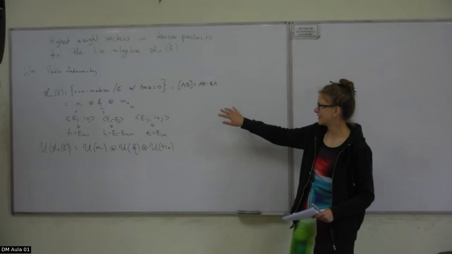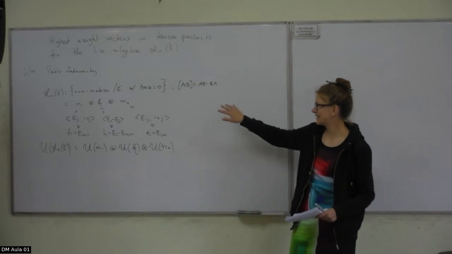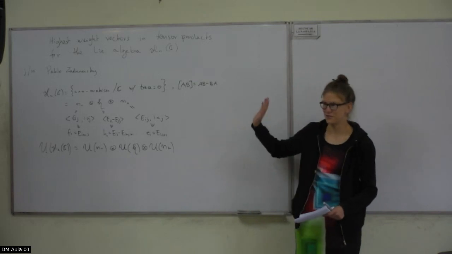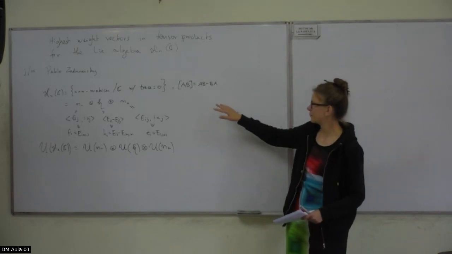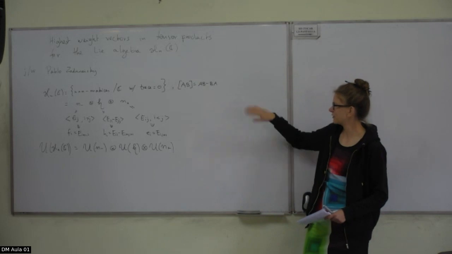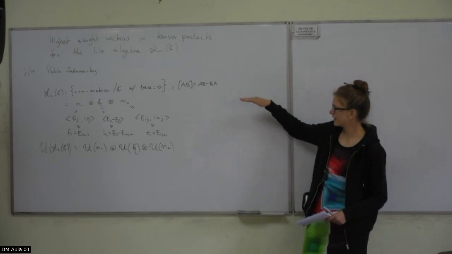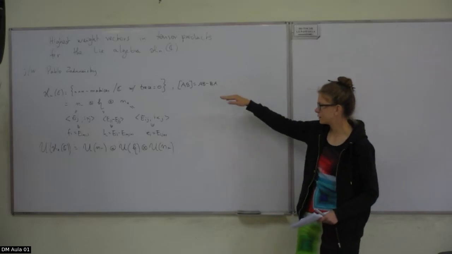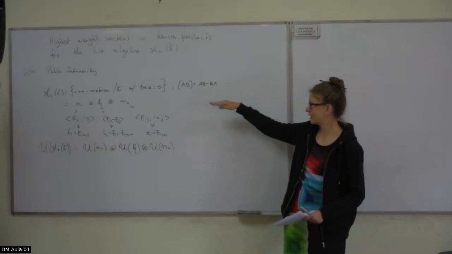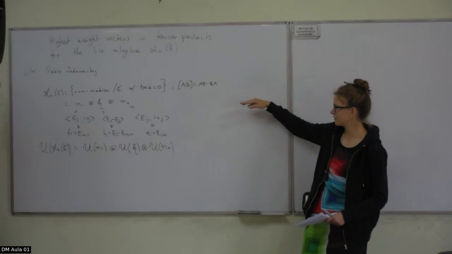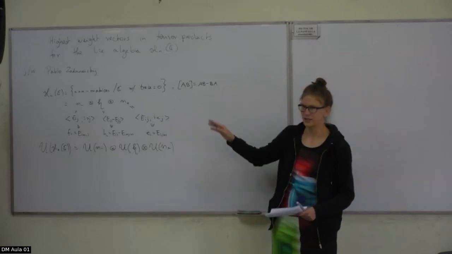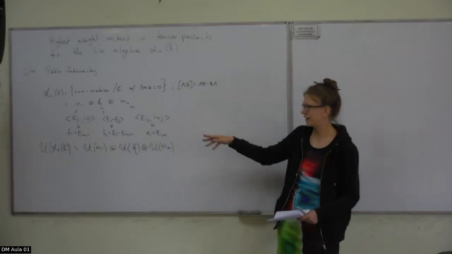Yeah, we're considering the Lie algebra SL_n(C) as n by n matrices, all coefficients over C, with trace equal to 0 and the usual matrix commutator. And we fix its usual decomposition into upper triangular, diagonal, and lower triangular matrices, from which we also take the typical generators F_i, H_i, and E_i.